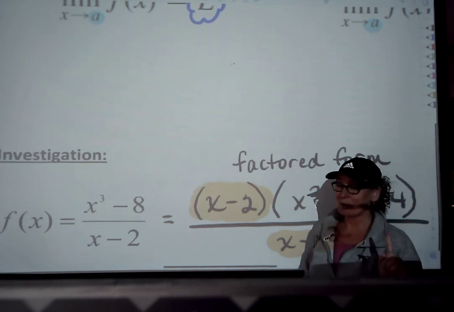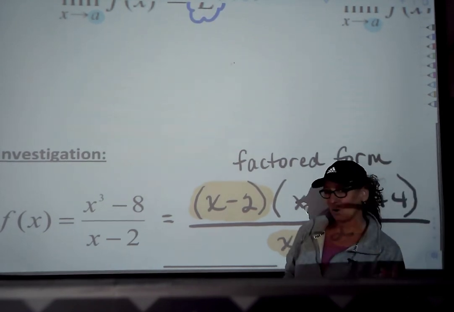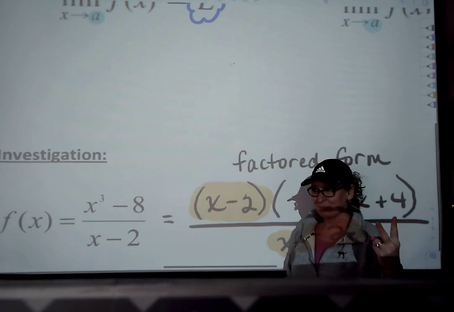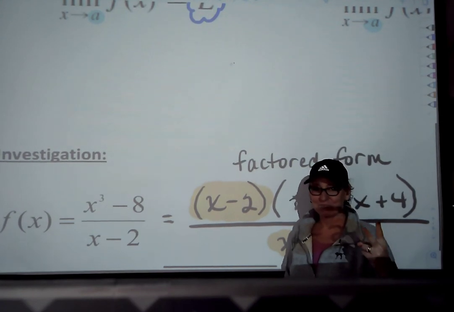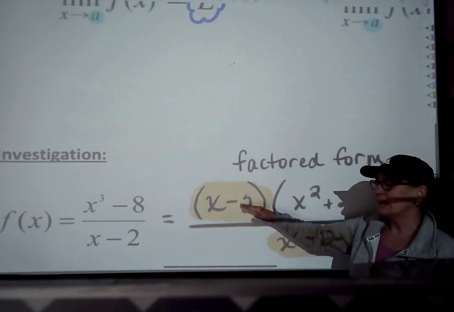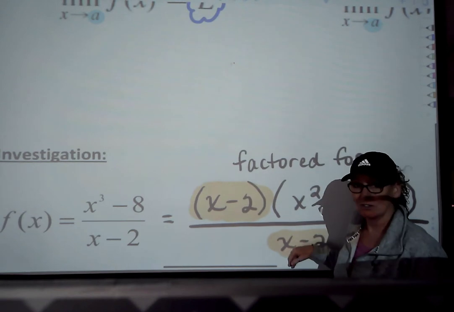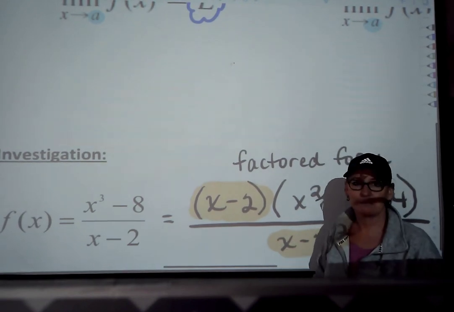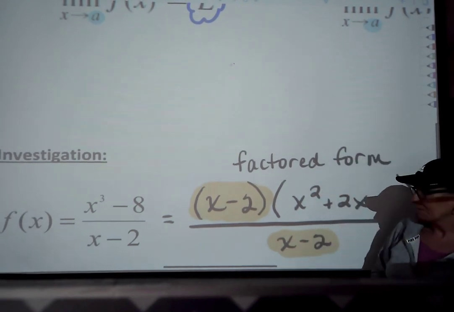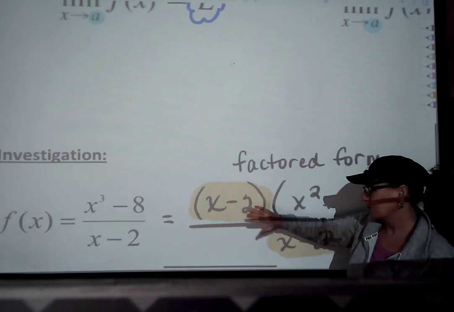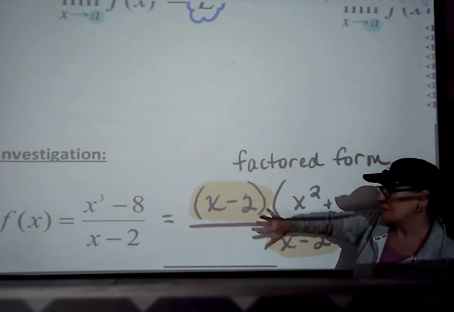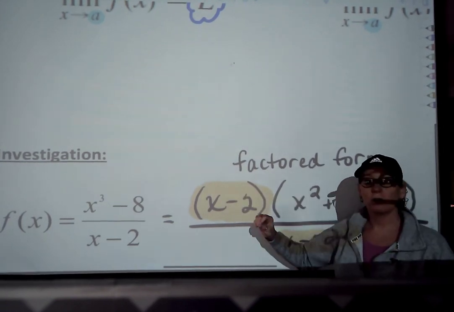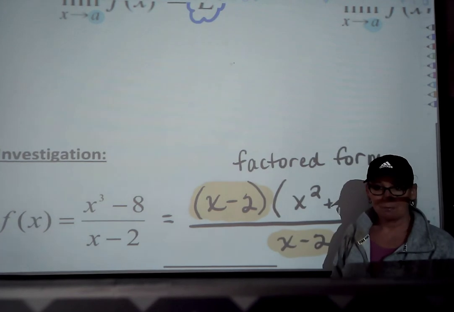Do you remember what that means as far as is it a hole or is it a vertical asymptote? There might be a couple of you that remember. When you see them and it looks like they could cancel, there's a hole there. When you see this factor repeated up here, there is a hole at x equals 2.